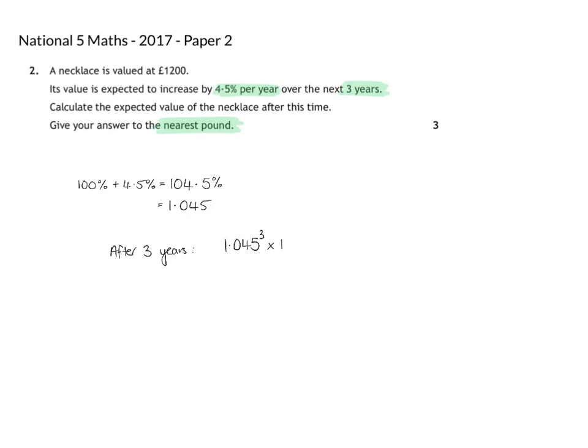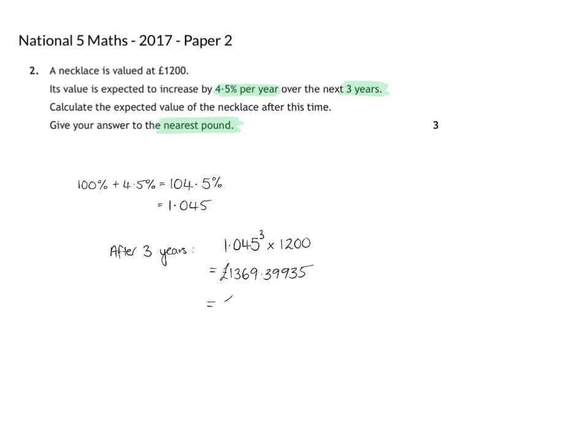And then we multiply it by the number that we started with, which in this case is 1,200. We need to be careful and make sure that we're writing out our full answers before we write out our rounded answers, just in case. So we do 1.045 to the power of 3 times 1,200, and we get 1369.39935.